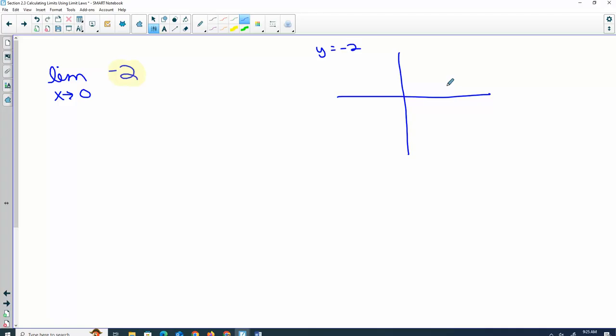Yeah, horizontal line at negative 2. Here's y equals negative 2. No matter where I'm at then, if I'm, in this case, approaching 0, my y is negative 2. But that's true no matter where you're at on that line. It's a flat line. So if you have the limit of a constant, it's always just equal to the constant.